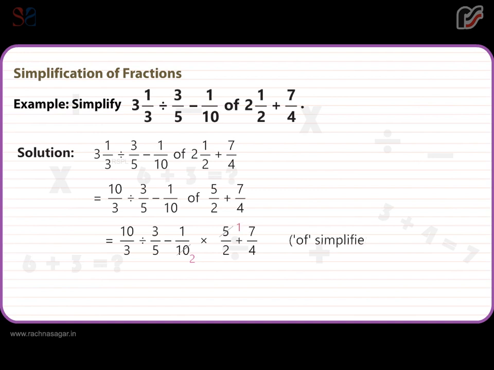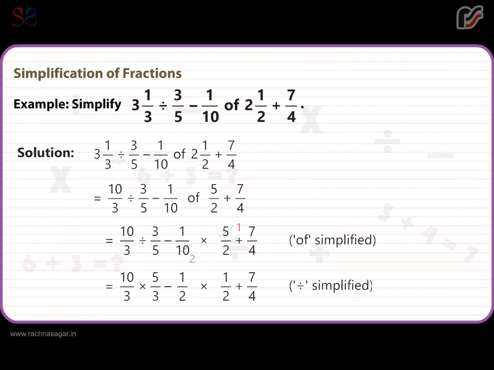Of simplified is equal to 10/3 multiplied by 5/3 minus 1/2 multiplied by 1/2 plus 7/4.